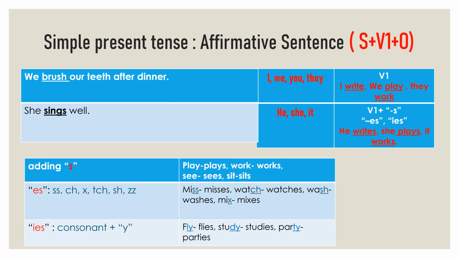When a word ends with consonant plus y, then we replace y with ies. Example: fly, flies. The word fly ends with y and there is a consonant before y, that is L. Study, studies; party, parties.